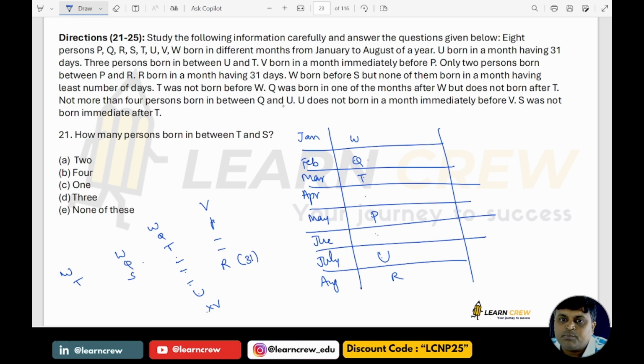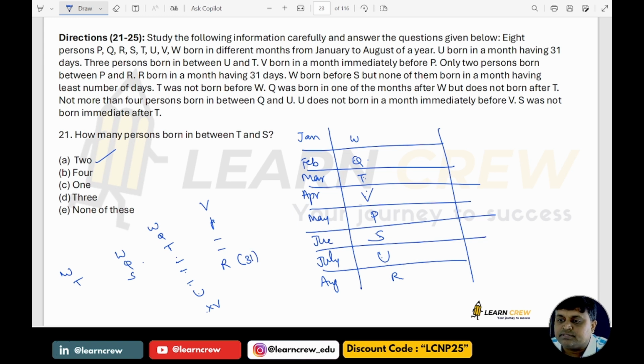S was not born immediately after T, so S is here, and the remaining person is V. Now how many persons born between T and S? Between T and S you have 2 persons. So answer is 2.